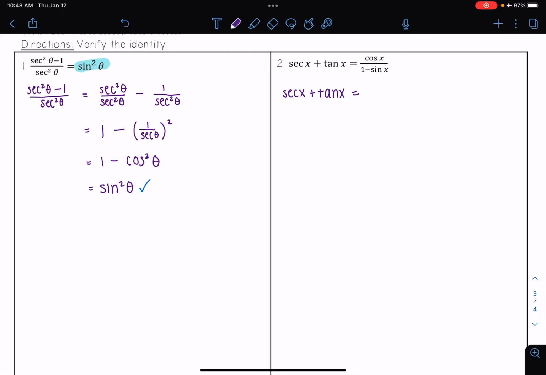First, I can see that secant of x is the same thing as 1 over cosine of x, so I'm going to replace that. I want to somehow get this into the same fraction because on my final I have cosine of x over 1 minus sine of x. Well, I know that tangent of x is the same thing as sine of x over cosine of x, so I want to replace that.